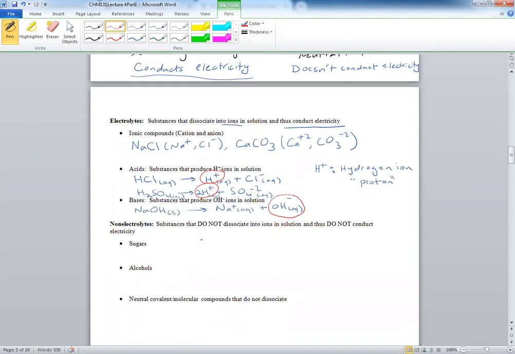Now, non-electrolytes, on the other hand, are substances that do not dissociate into ions in solution and thus do not conduct electricity. Examples of these are the sugars. So if you have something like C6H12O6, that's glucose, etc. Again, these are molecular compounds and they do not dissociate.